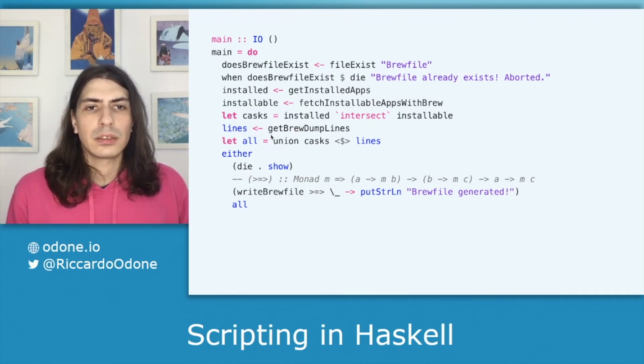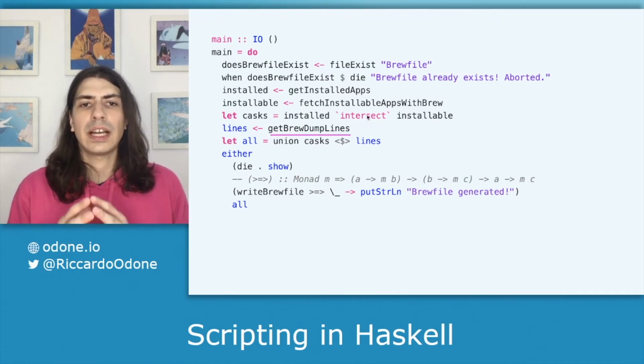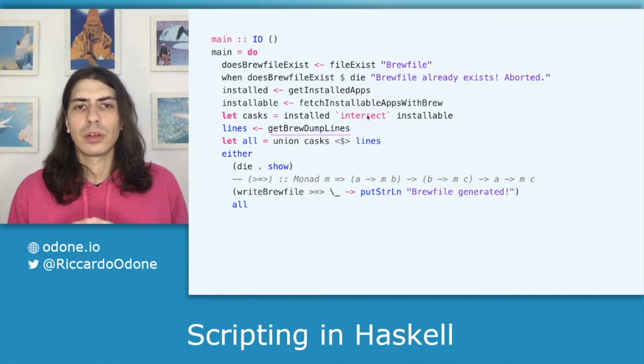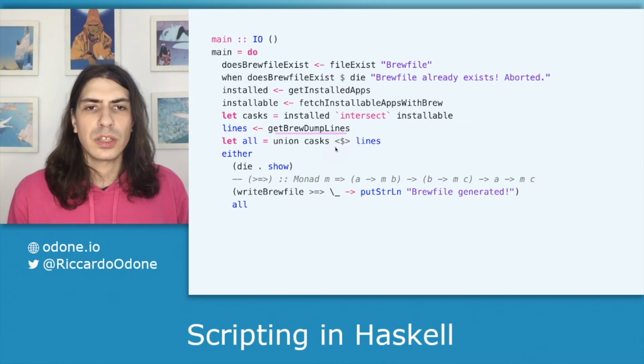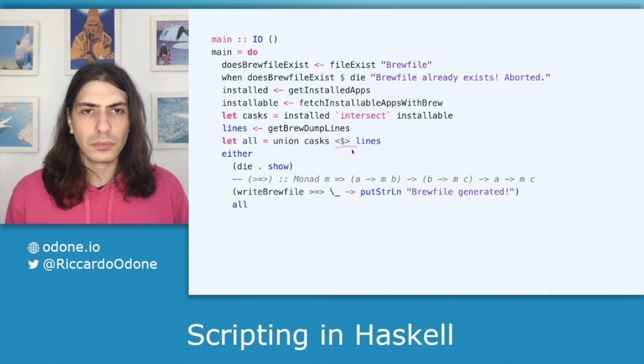Then we take all of the lines out of the file that Homebrew would generate by doing Homebrew dump. And since this returns IO of header, we still need to do fmap to get inside of the header.